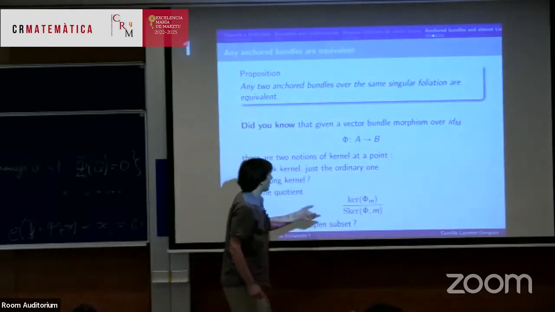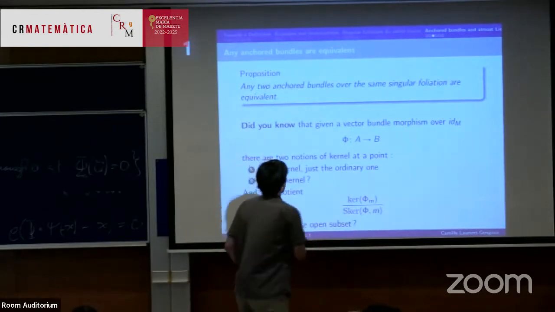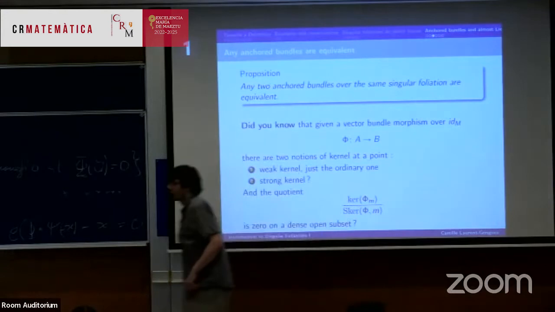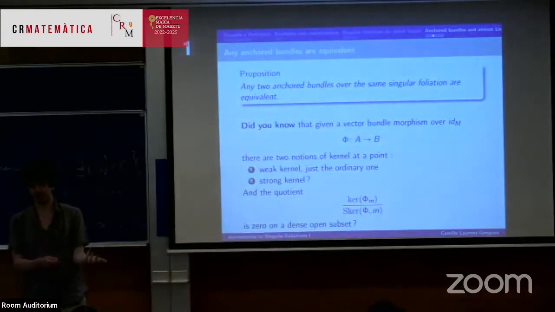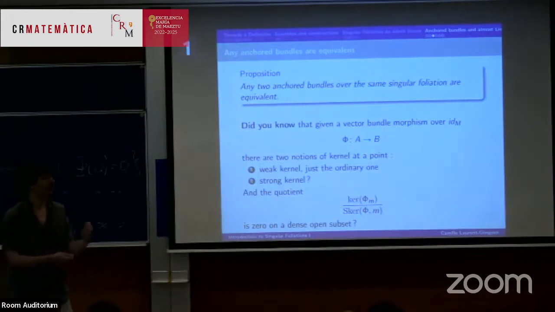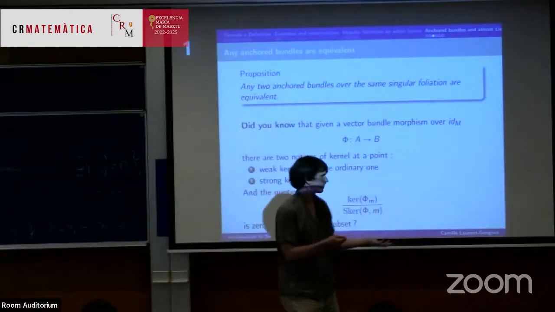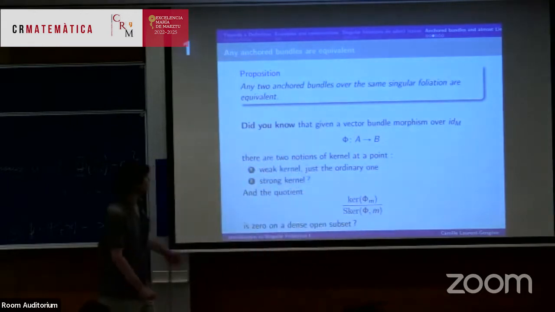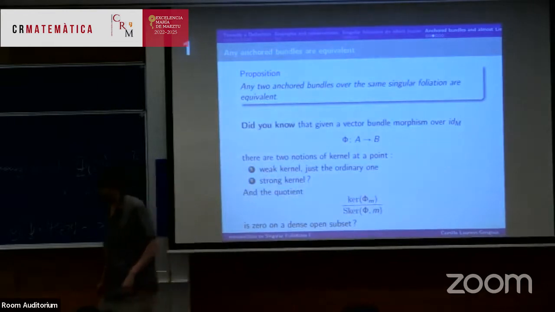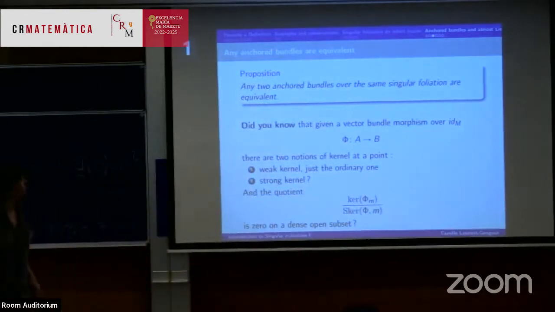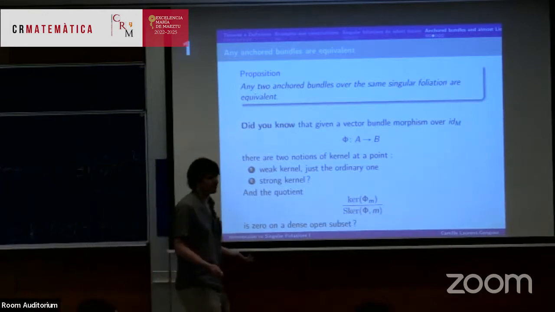Which means that when they coincide at a point, they coincide in a neighborhood, and somehow that quotient vector space is a measure of how singular this vector bundle morphism is at this point, how far away it is from being just a constant rank map. So if we apply this to an anchored bundle, what do you get?